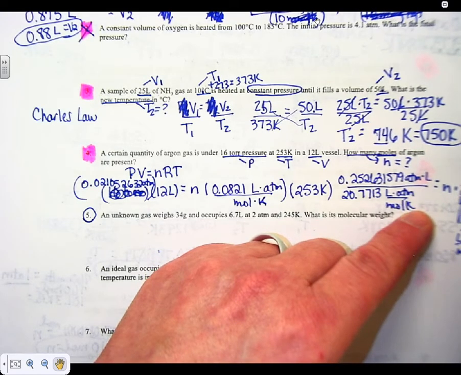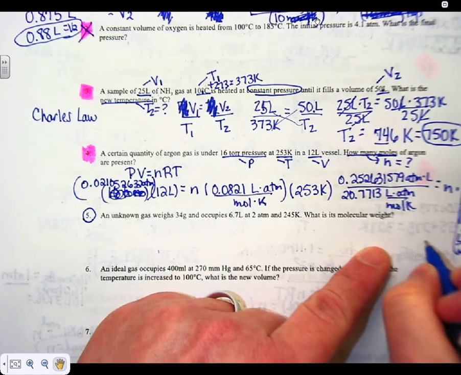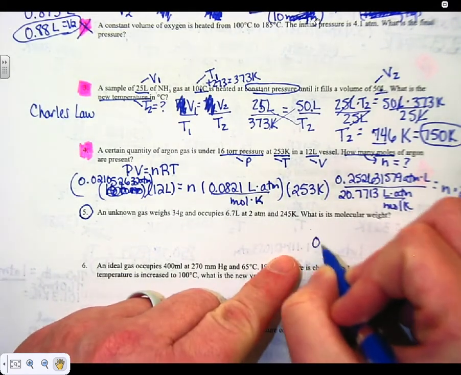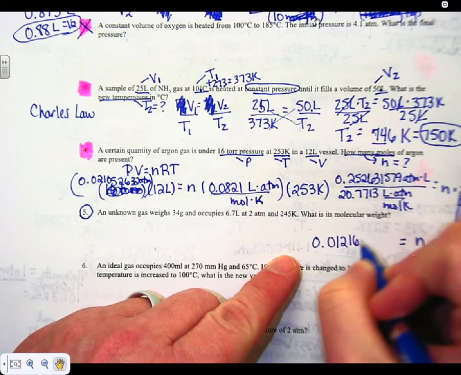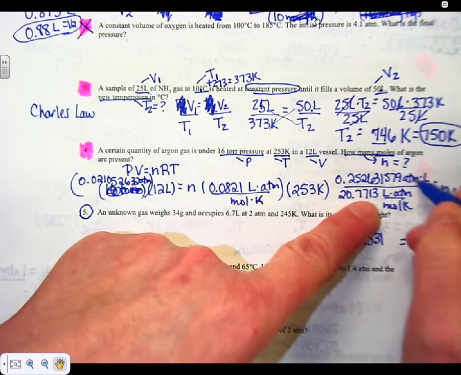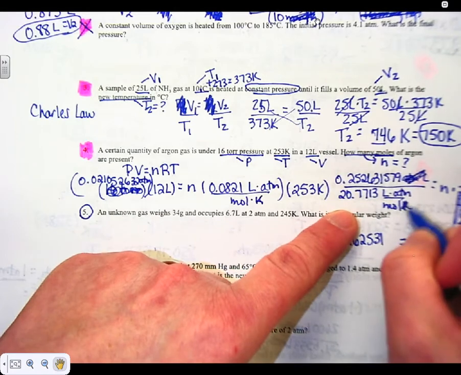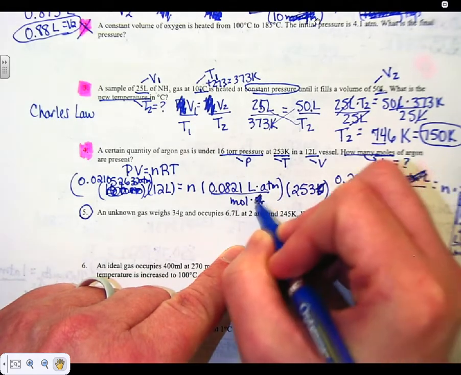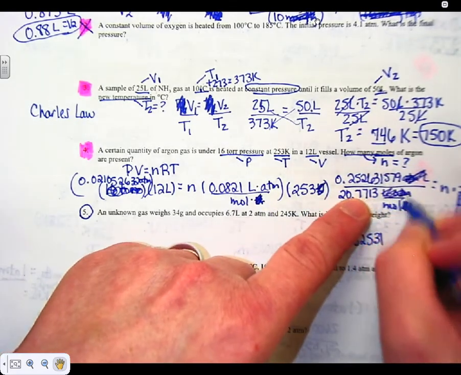So all of this will cancel out, and on the right we will have n, and on the left we do 0.252631579 divided by 20.7713, and then I get 0.012162531. And again, atmospheres and liters divide out. The Kelvin canceled out over here when we multiplied by the 253 Kelvin. And then the liter atmosphere cancels out, and what I have left is moles.